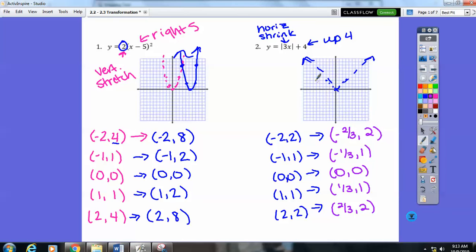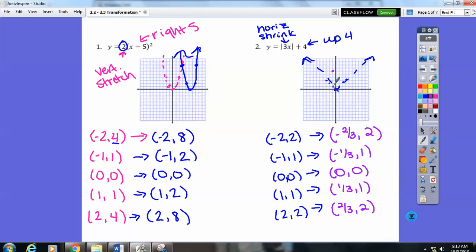So if I want to graph this, a little tricky here. So I'm at negative 2/3, 2, and then what else do I need to do to my graph? Up 4. So you go to negative 2/3, 2, and then move that up 4.